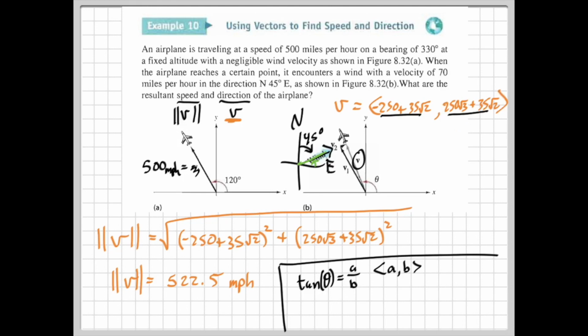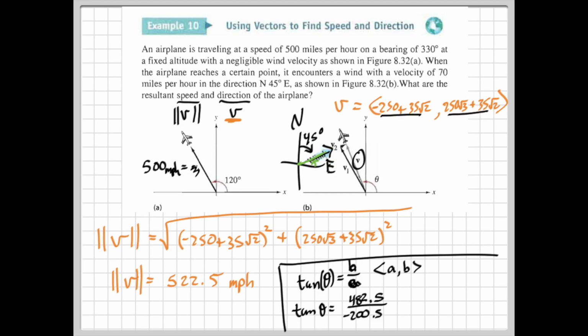So b over a, where a and b are these components. All right, so tangent theta equals, I should simplify these. Let's throw them into our calculators and see what they look like when we simplify them. All right, after I simplify, I get 482.5 over negative 200.5.